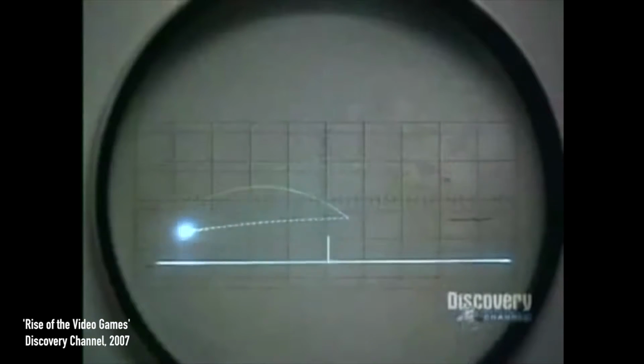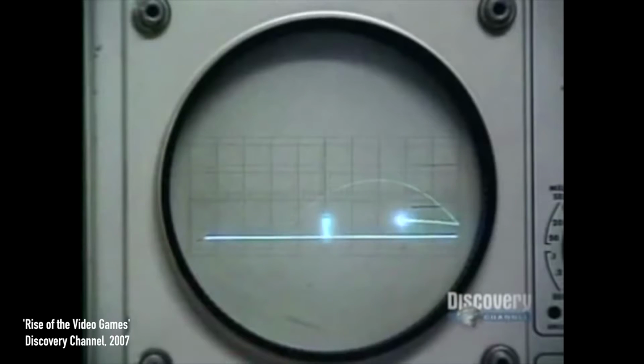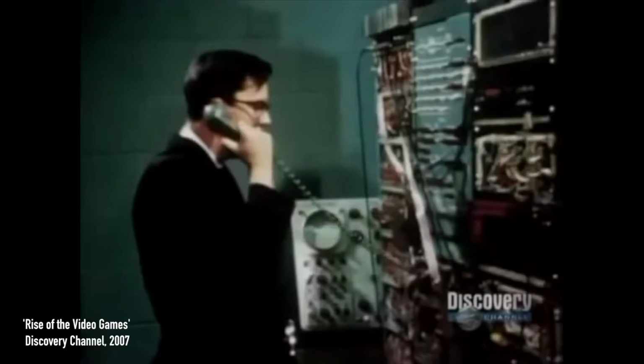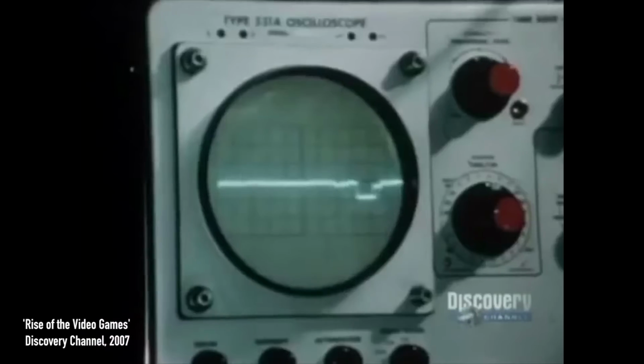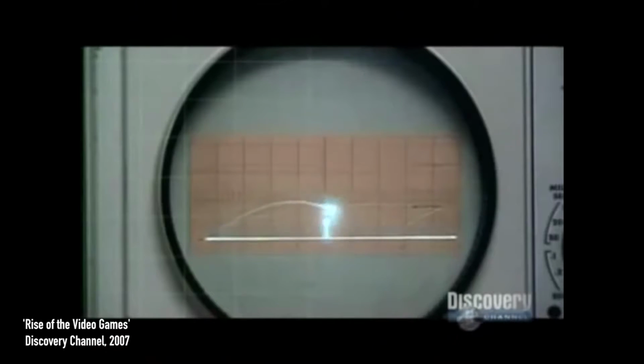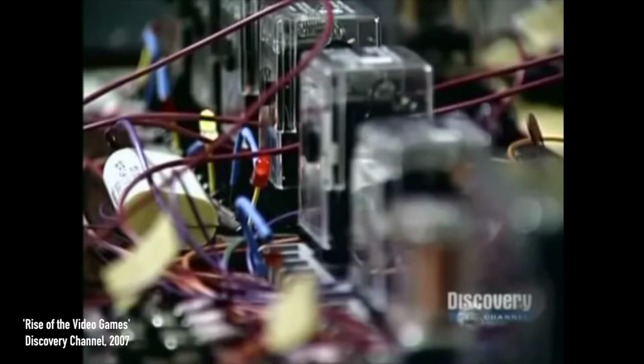Yeah, Willie Higinbotham came up with this idea that you could take an oscilloscope and make a tennis game out of it. It was an expression of a kind of rebellious adolescent energy, working alongside the military projects, taking this most expensive piece of equipment at the time and repurposing it to play games. Suddenly, computers had a use beyond military computations and would eventually reach a galaxy far, far away.